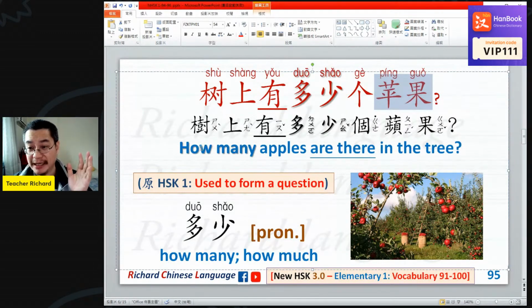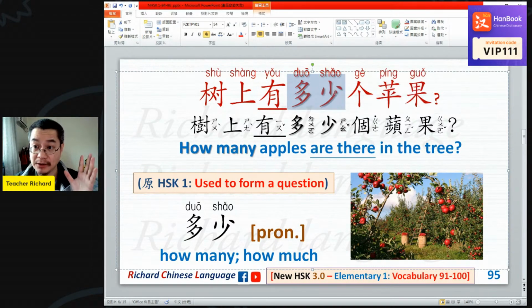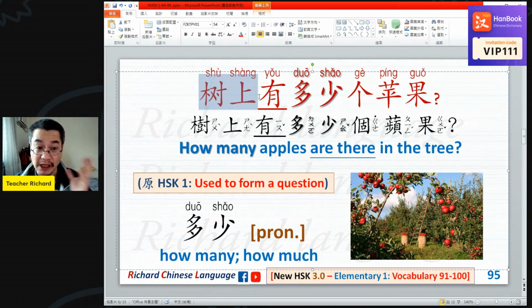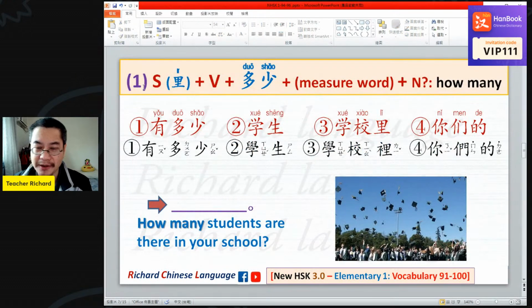How many apples are there in the tree? 树上有多少个苹果 So here 多少 means how many. Okay, so that's the grammar point here.